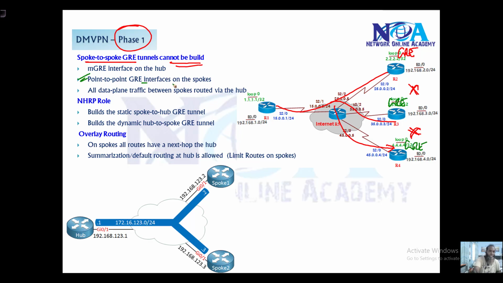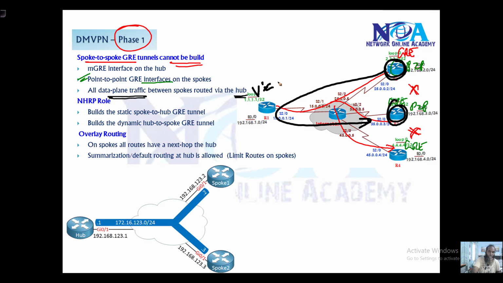We'll have point-to-point GRE interfaces on the spokes, because GRE supports only point-to-point. So all the data plane traffic will be going through the hub, which means any communication from one spoke to another spoke always goes via the hub. The hub is like a centralized device from where all the traffic flows.